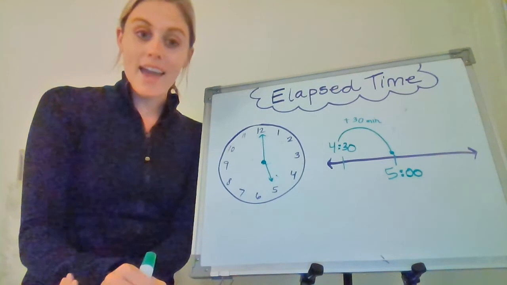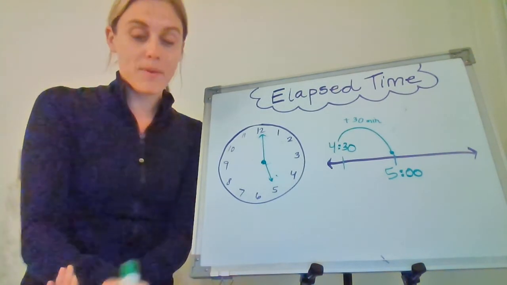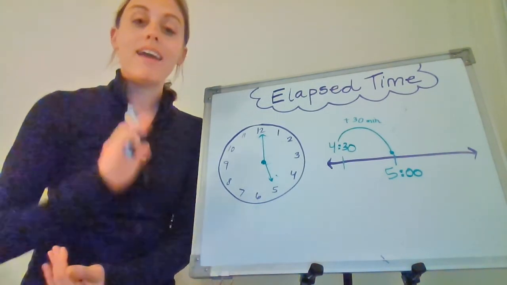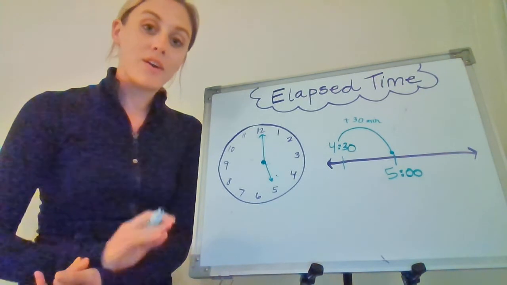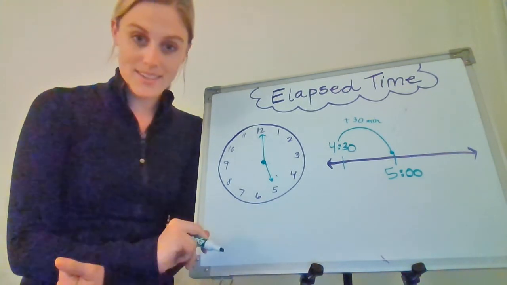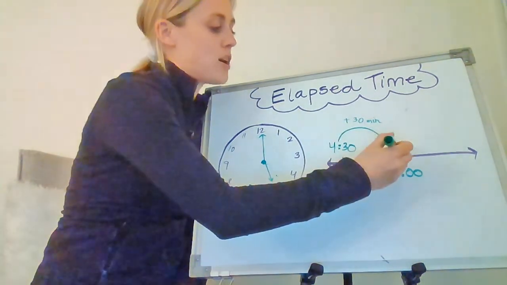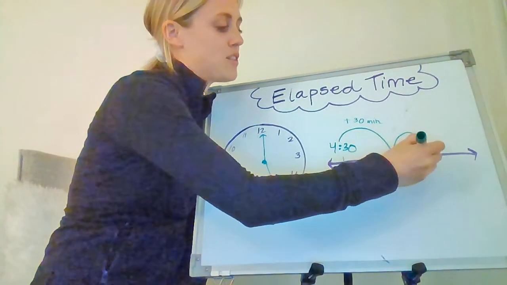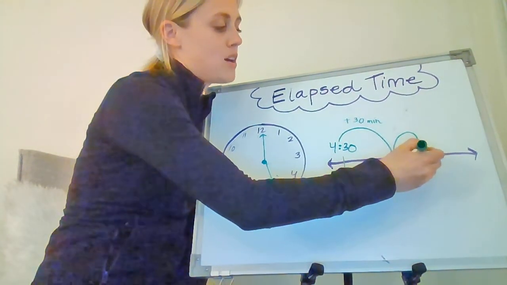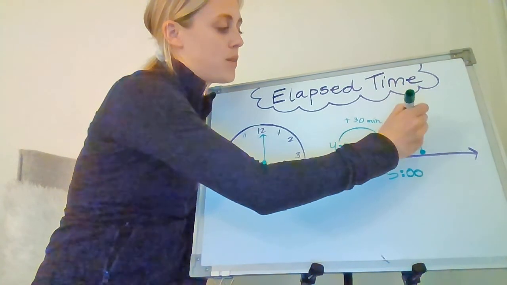And then let's say that it's your job to set the table and get everything ready. It takes you another 16 minutes. So we're going to jump, not as much as the first jump, which was 30 minutes. We're going to add 16 more.